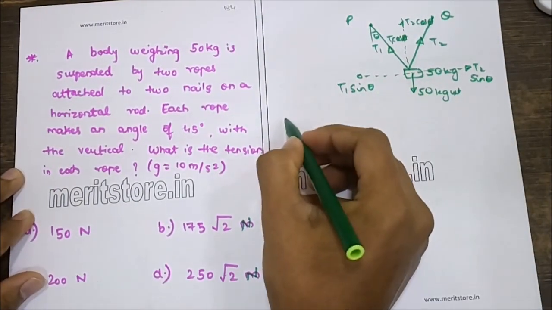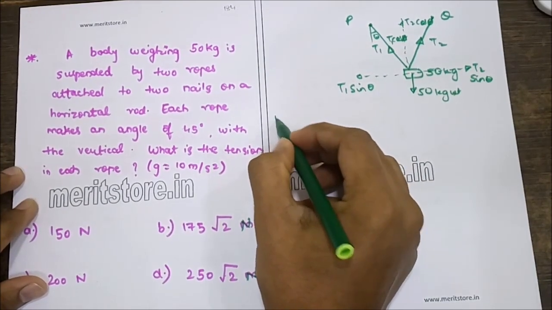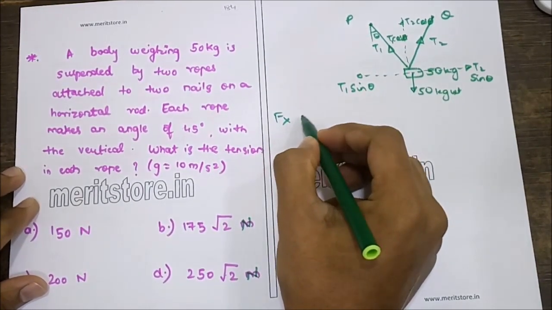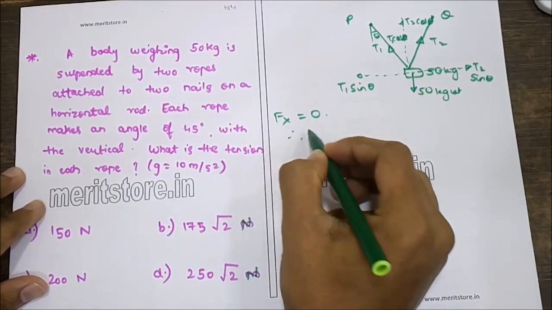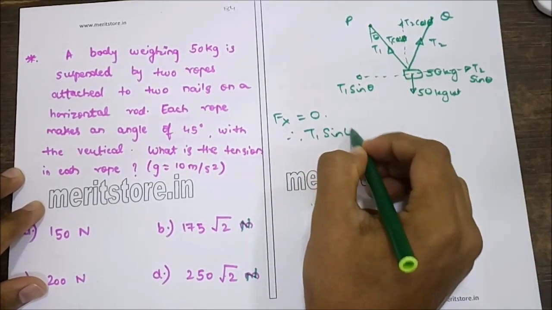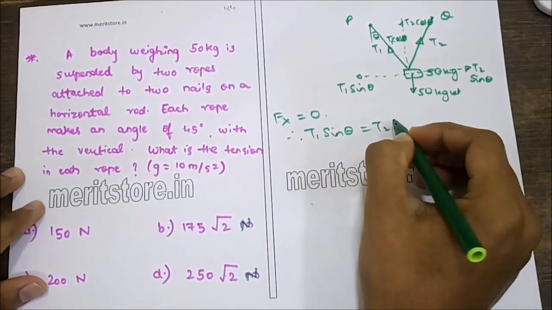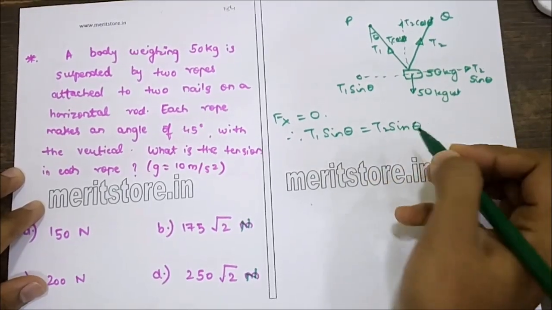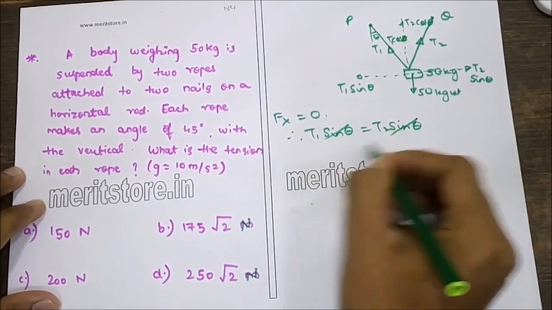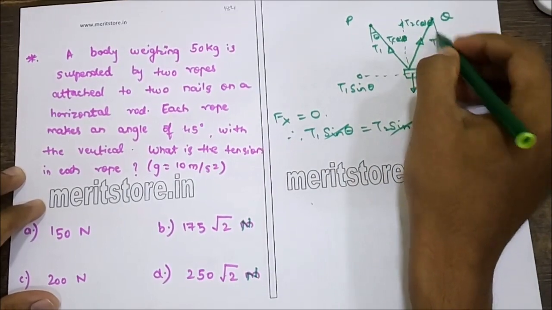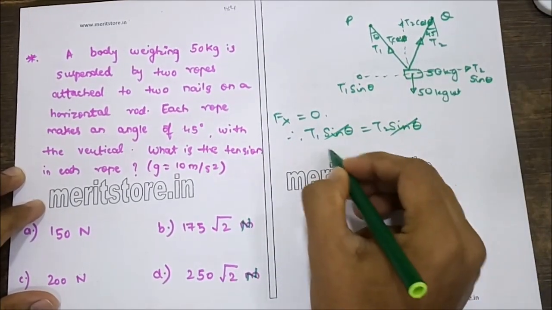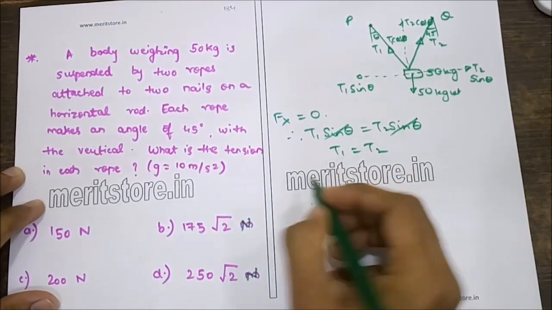Now, since the entire system is in equilibrium, the summation of forces in the x direction is equal to 0. Therefore, T1 sin theta is equal to T2 sin theta. Since the angles are equal, that is 45 degrees, therefore T1 is equal to T2.